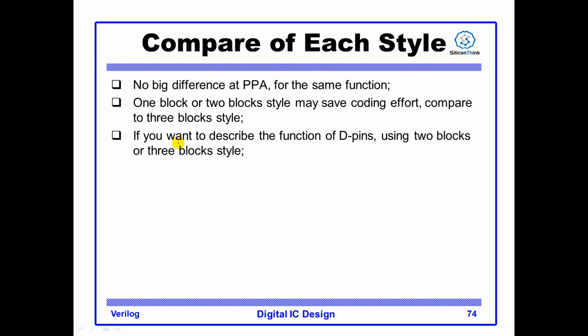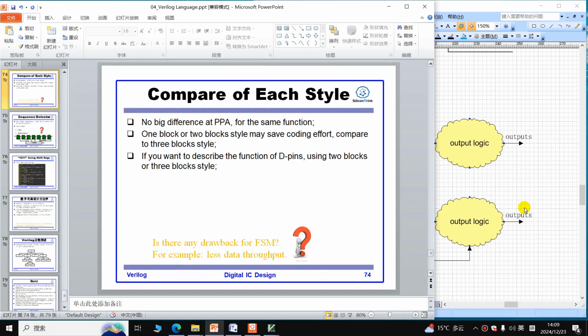Okay, and if you want to describe the function of the D pin, that is the D pin of the state registers and the D pin of the output, you have to use the 2 blocks or 3 blocks style. Yeah, if you define the function of the D pin, this may be more flexible compared to the one block style.